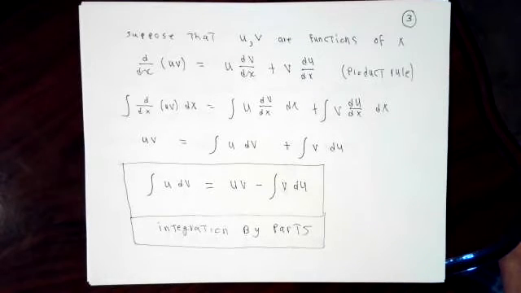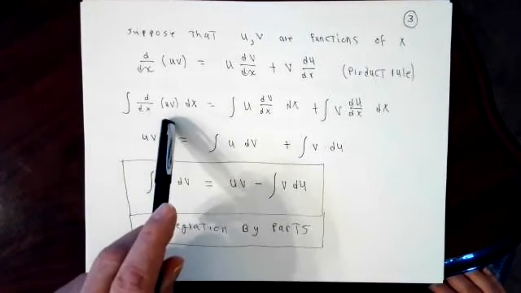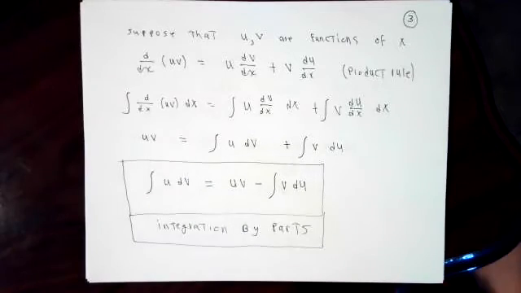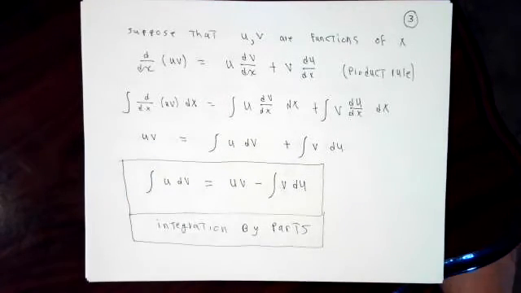Suppose that u and v are functions of x, and I want to multiply u and v together, then take the derivative. We know how to do that because of the product rule. If I then integrate both sides of that formula with respect to x, I get the integral of the derivative of u times v with respect to x, which is u times v, because we're looking for a function whose derivative is the derivative of u times v.